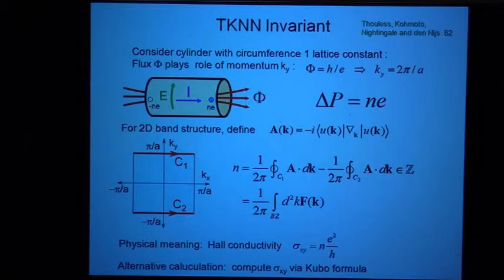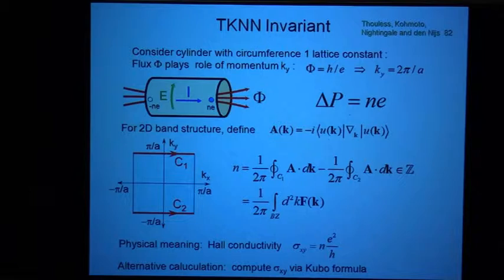So what that means is that I can think of the band structure of my two-dimensional insulator, which is now a function of kx and ky, and I can compare the polarization, if you will, which is the Berry phase, over two different values of ky, which are related by 2 pi over a. This is the same picture that I drew before, where now I'm drawing it as a two-dimensional Brillouin zone, which is a torus.